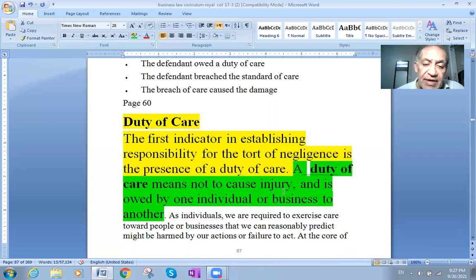A duty of care means not to cause injury to others, and it is owed by one individual or business to another. It means you care about the other. If you don't care about the other, then this is unintentional tort or negligence, because you discard their needs and wants.